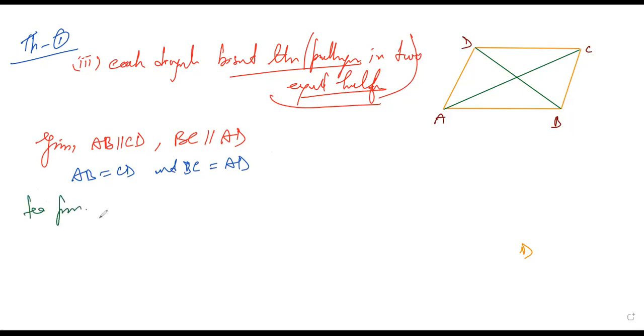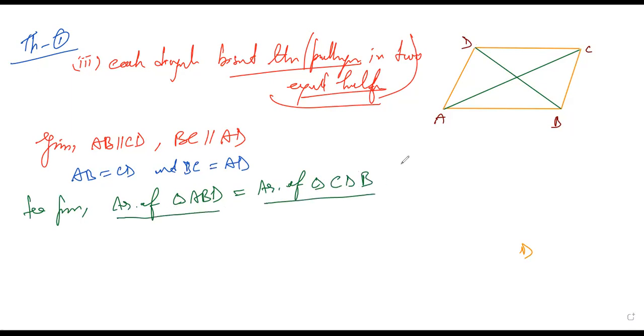To prove that area of triangle ABD, if I talk about this diagonal BD, then area of triangle ABD will be equal to area of triangle CDB.